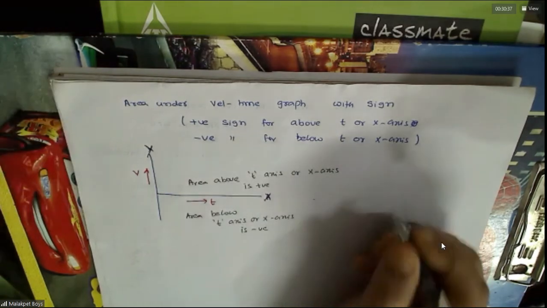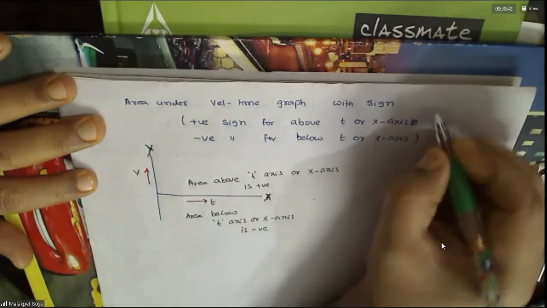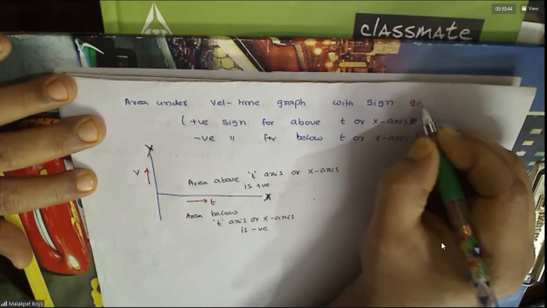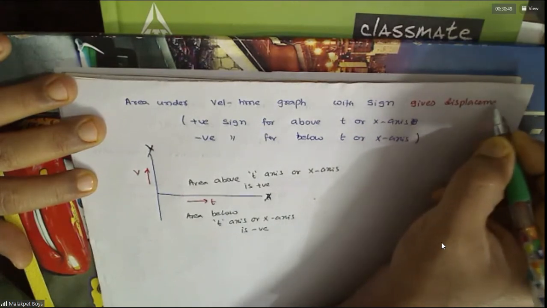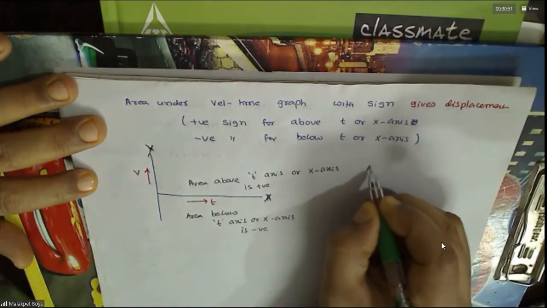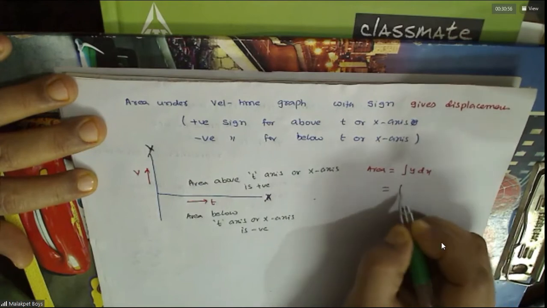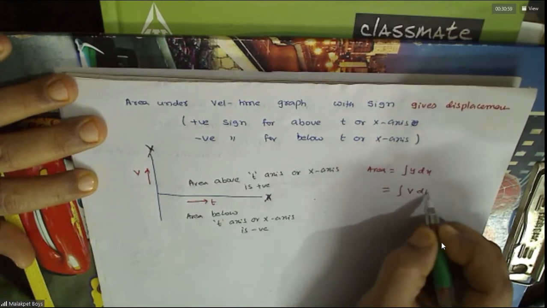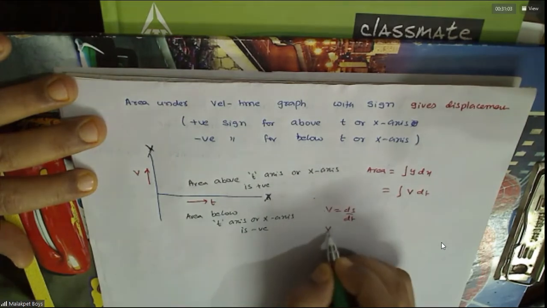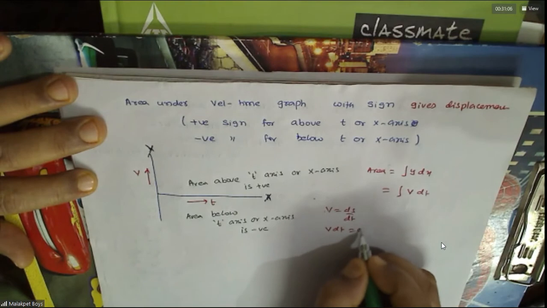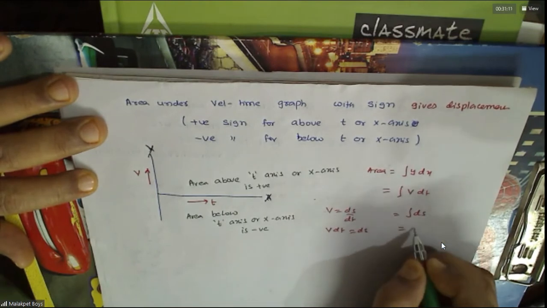So now we can say displacement. Remember this? Why? Because the area is the integral of y dx. Here y is V, so V dt means ds. So this is nothing but the displacement.